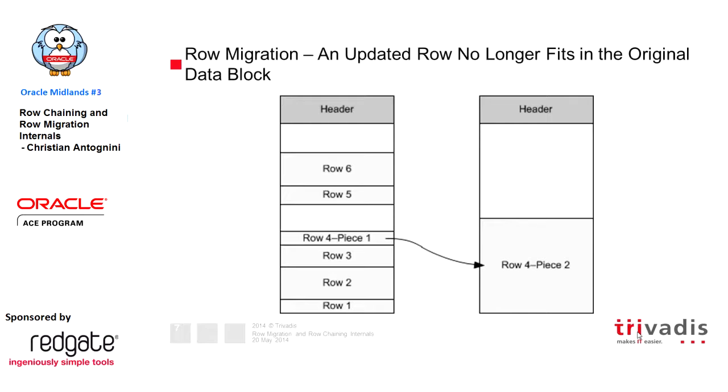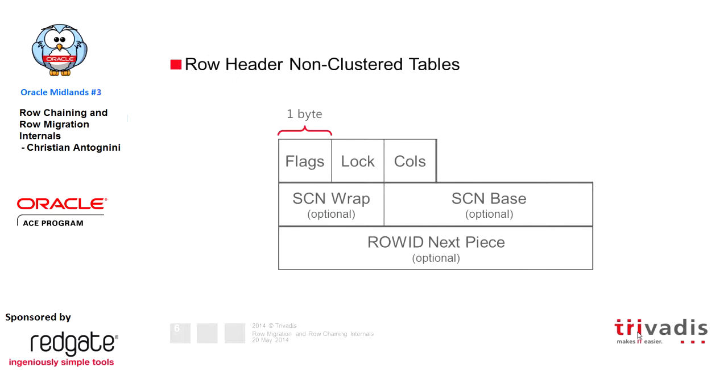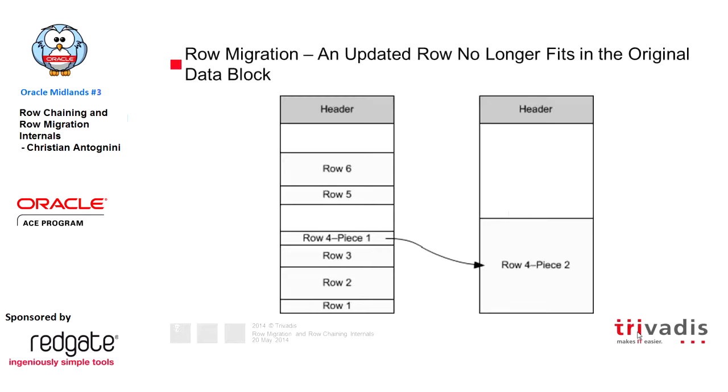Or better, in the case of row migration, you have all the data stored here. And in row piece number 1, what you get is only this information here. So you only have the header. It tells you I'm migrated, whether I'm locked or not depends, I have 0 columns, and you find the information there.